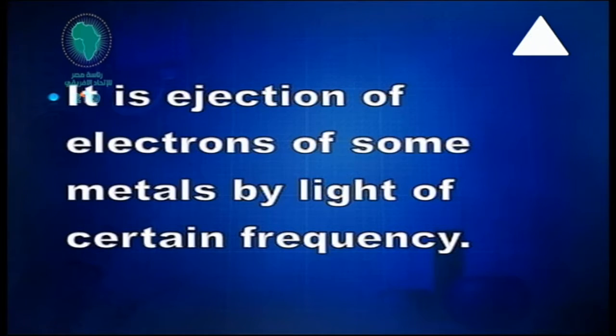Frequency is very crucial for this phenomenon to take place. It won't take place if the frequency falls below a certain limit. So once again, photoelectricity is ejection of electrons from the surface of some metals when these metals are irradiated by light of certain frequency.